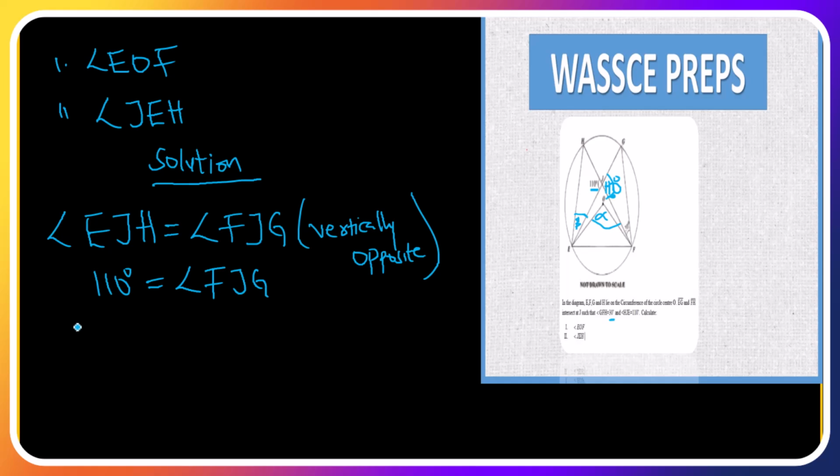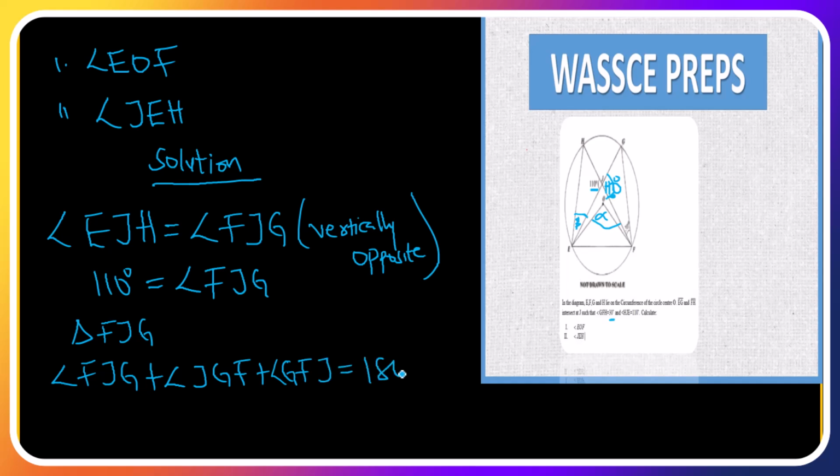So from triangle FJG, we sum up the interior angles: angle FJG plus the angle JGF plus the angle GFJ should give us 180 degrees.